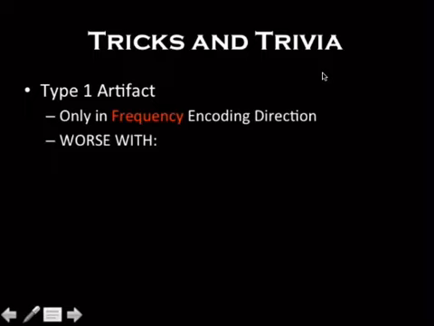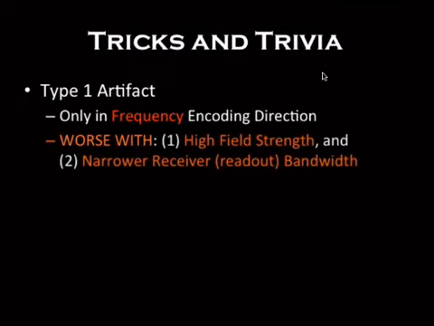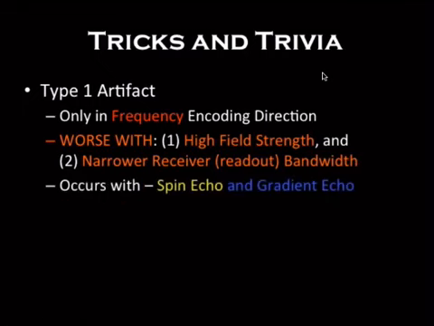Now, it becomes worse with, remember that formula, high field strength, so 3 is worse than a 1.5, and is more noticeable at a narrow receiver readout bandwidth. It occurs with both spin echo and gradient. That's not relevant.